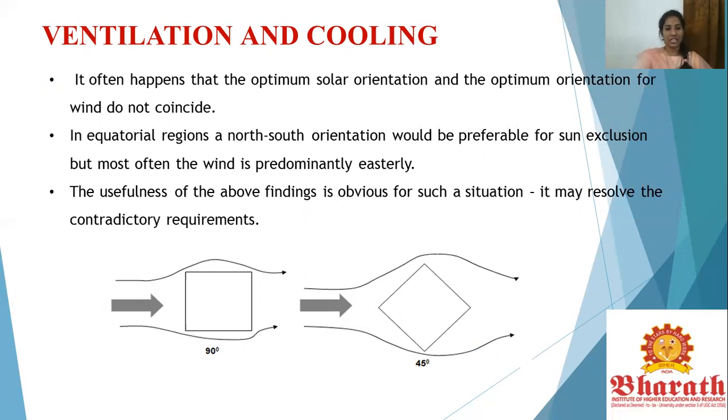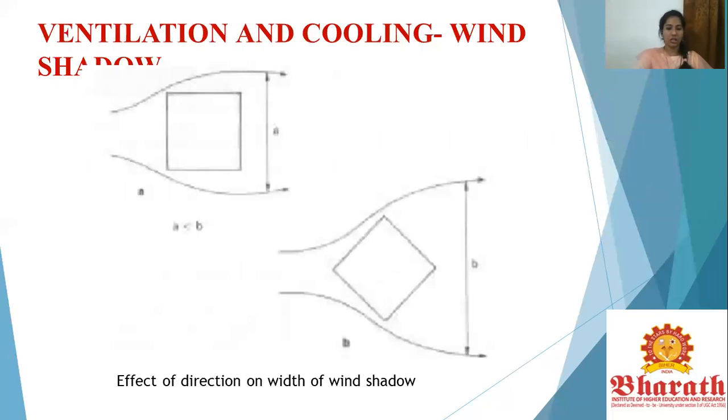So it's one such example where, though you have fixed the orientation to keep the sun's heat from entering the building, you need to consider the direction of wind movement also, so that you could have proper ventilation. The usefulness of the above findings is very obvious for such situations. It resolves very contradictory requirements. So you could see how this goes about.